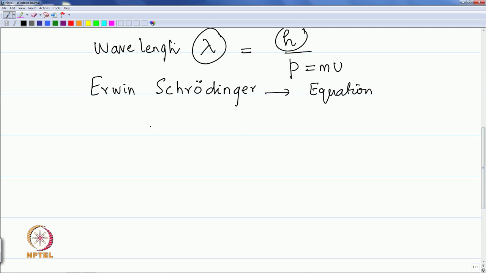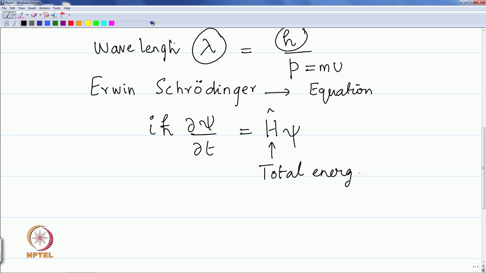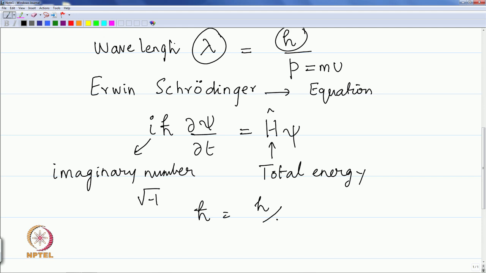The Schrödinger equation comes up with a function psi, which is a function of time, and a quantity called the Hamiltonian or the total energy of the system, and it involves the imaginary number, square root of minus 1, and h bar is again Planck's constant h divided by 2 pi.